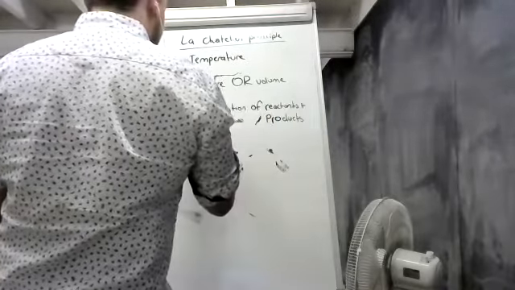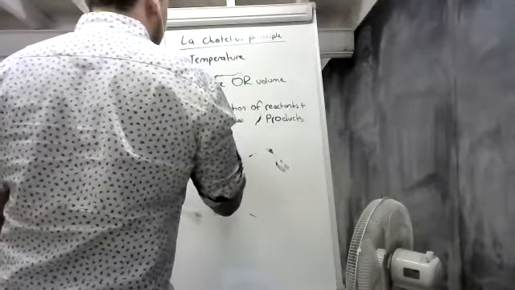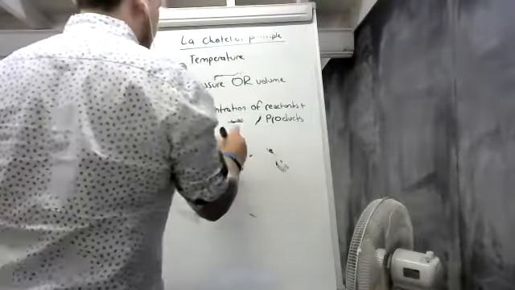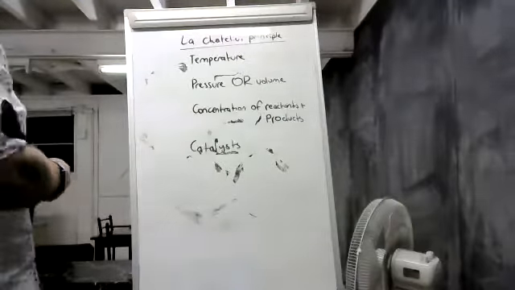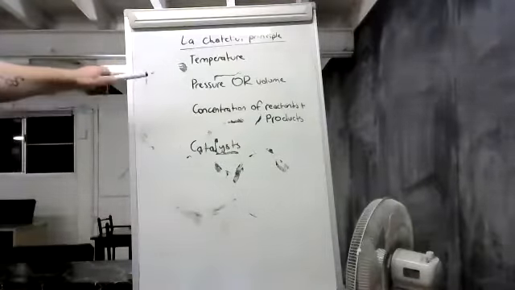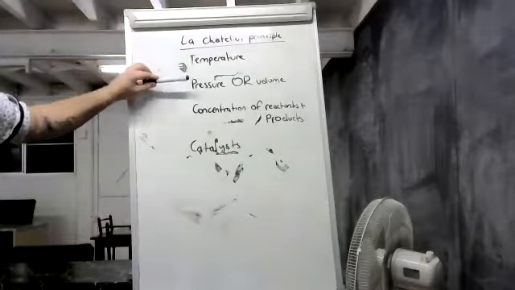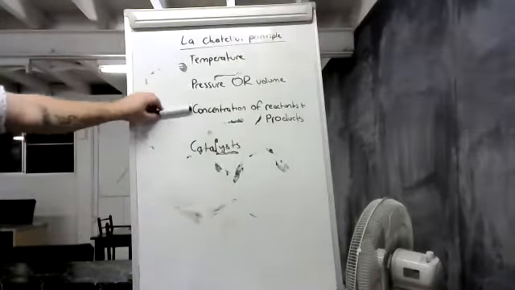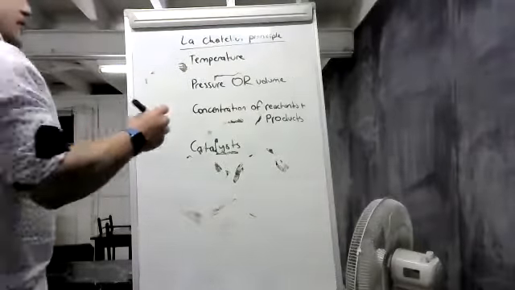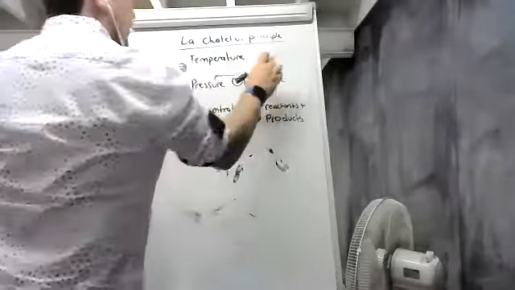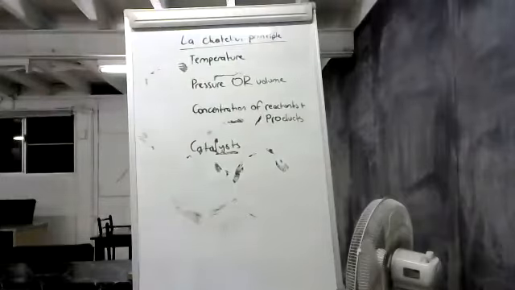I will look at catalysts. So what we're going to look at is how can we manipulate temperature, pressure or volume, and concentration of reactants and products in order to make sure our reaction is pushed towards the product side in our final reaction mixture.